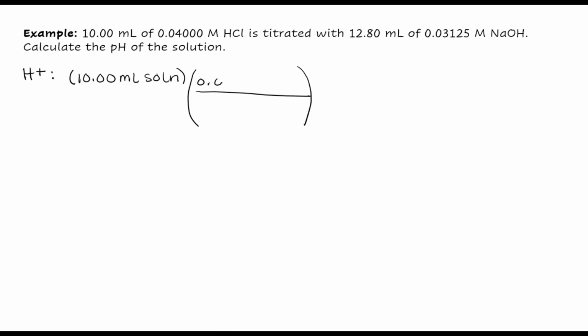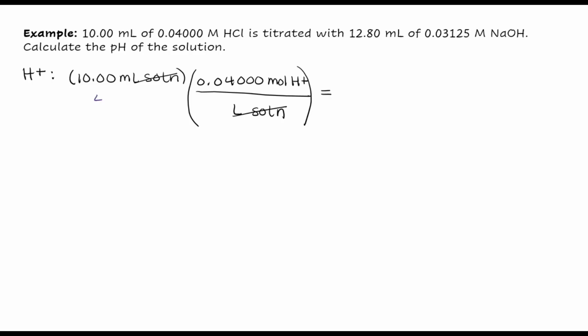That's 0.04000 moles of H plus per liter of solution. Liters of solution will cancel, leaving the milli from the original volume.